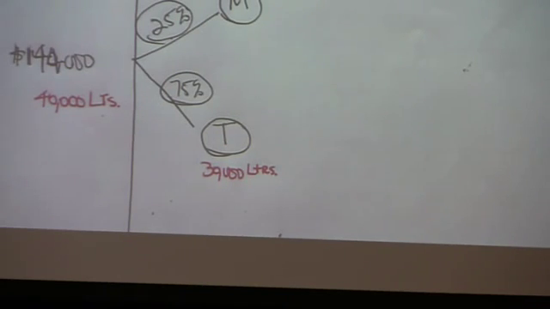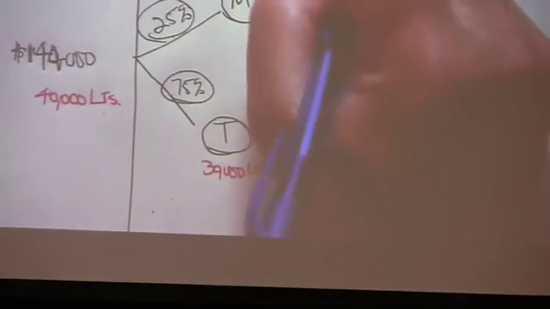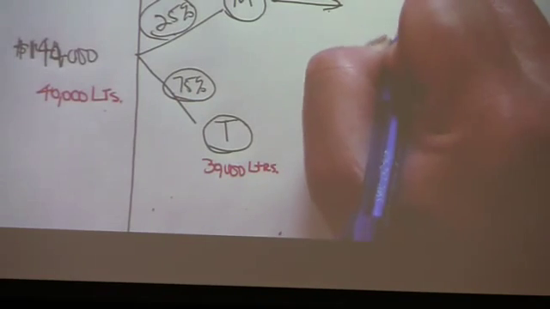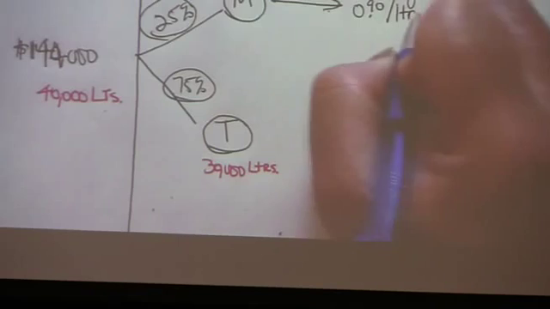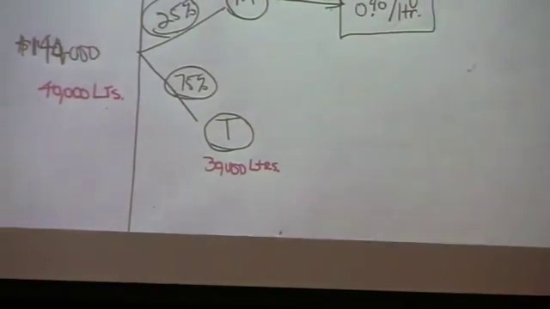Now, we're told that we need to process, right, further. So we call these separable costs. So processing, and it's going to cost us 90 cents per liter. I'm going to put it in the box.